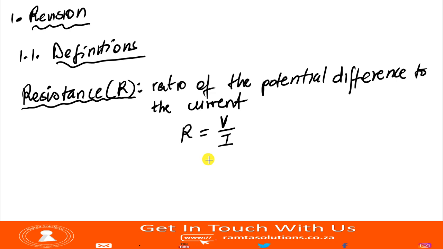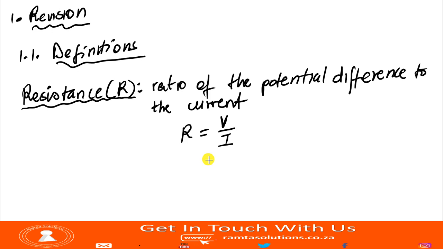Otherwise, resistance is the measure of how hard it is to push electricity through a circuit element. When you have negligible resistance, current flows easily in your circuit. But if you have a higher resistance, current doesn't flow that easily.